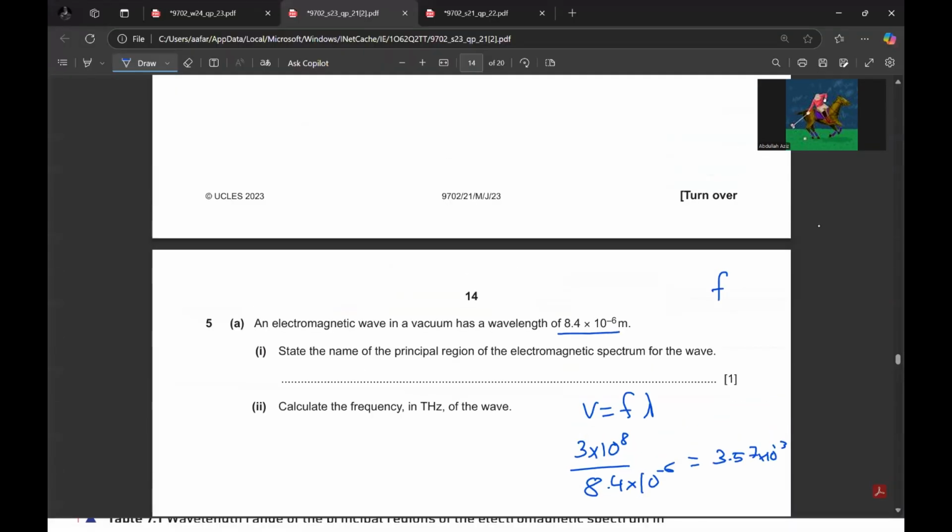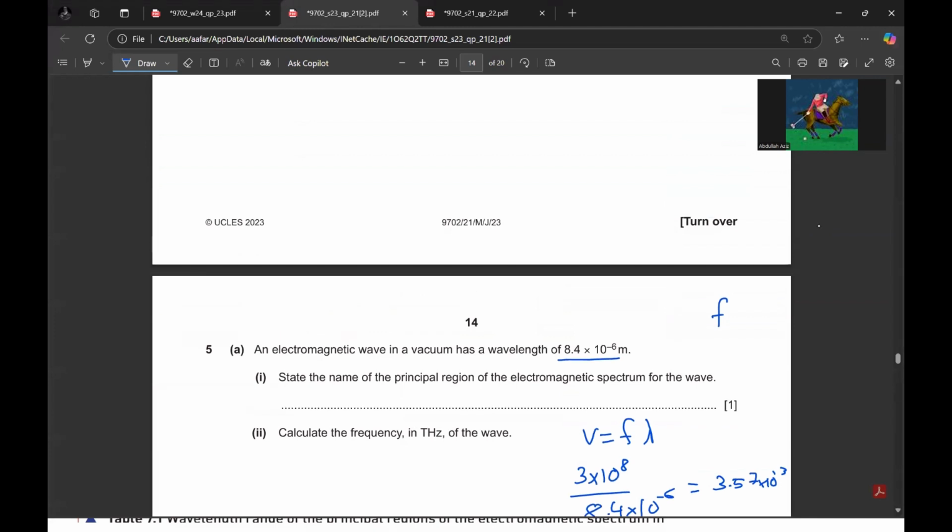So since it's 10 power negative 6, we can say it's infrared.